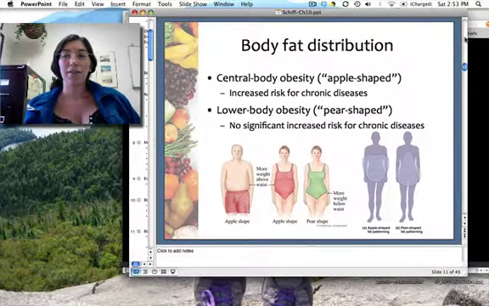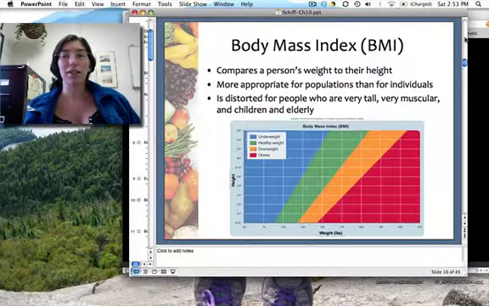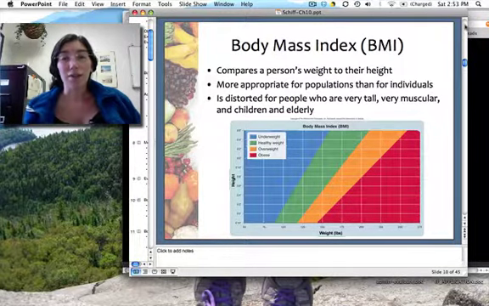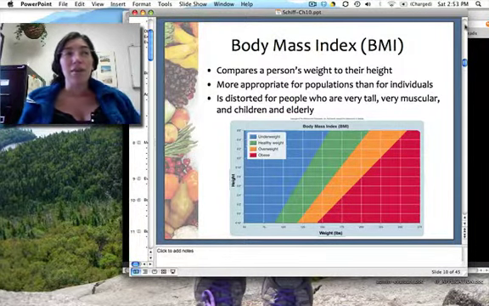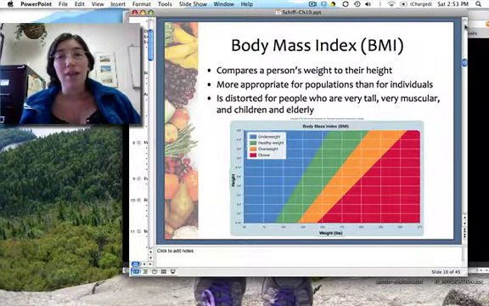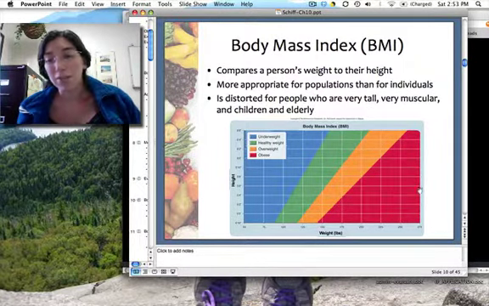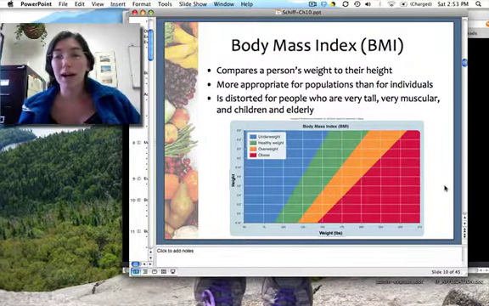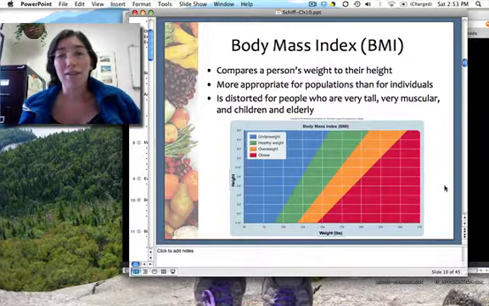So body composition is actually a really good way to determine whether your weight is healthy or not, because let's say you are a bodybuilder and you hop on a scale. And so let me actually explain BMI first. Okay, so BMI is your body mass index.